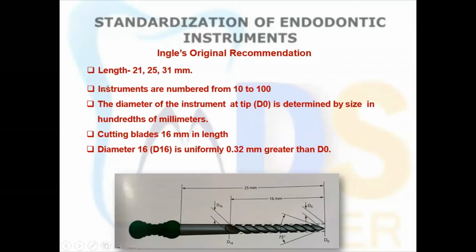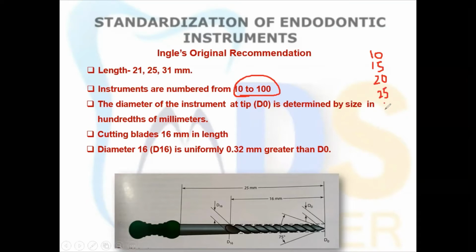And the second recommendation in the standardization is all the instruments are numbered from 10 to 100. Like 10, 15, 20, and 25, and so on till 60. Then 70, 80, and so on till 100.